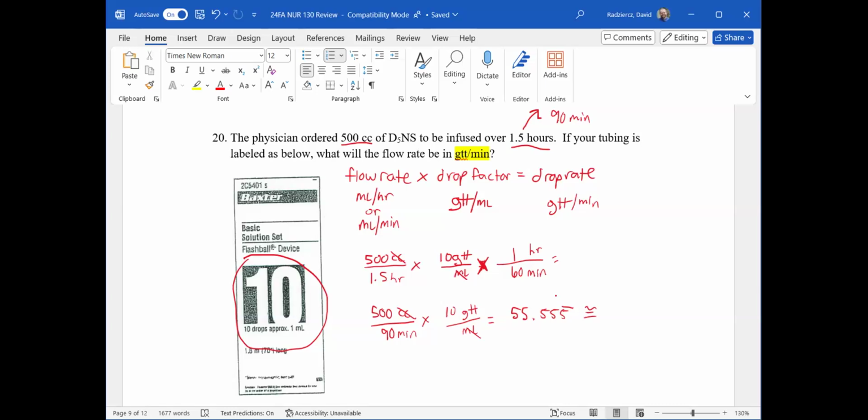So if this is 55.55, you look at the tenths place, it says 5. If it's 5 or greater, you're going to round up. And if it's 4 or fewer, you're going to leave it alone. You won't round it up. So for this one, we're going to round this to 56 drops per minute.